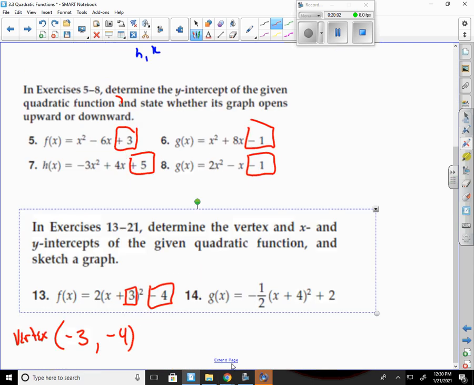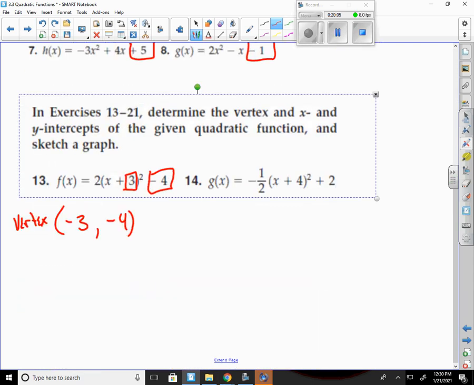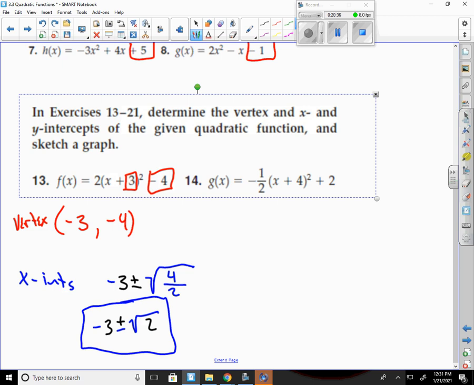So my x-intercepts are the h, which was a negative 3, plus and minus the square root of negative k, so that's the negative of a negative 4, over a, which is 2. 4 over 2 is 2, so it's negative 3 plus or minus the square root of 2. Those are my x-intercepts.